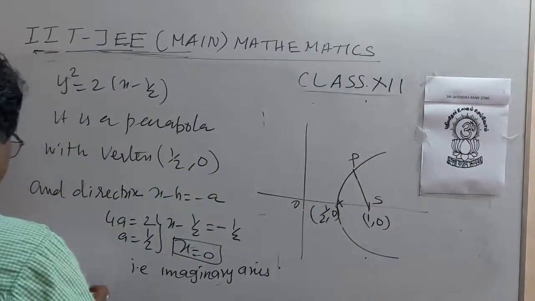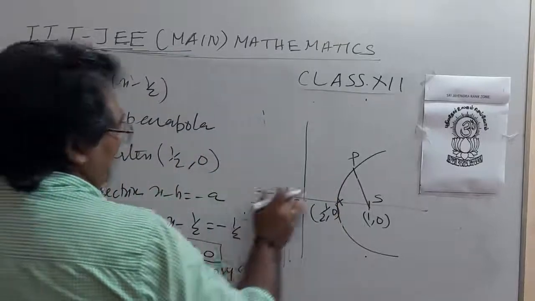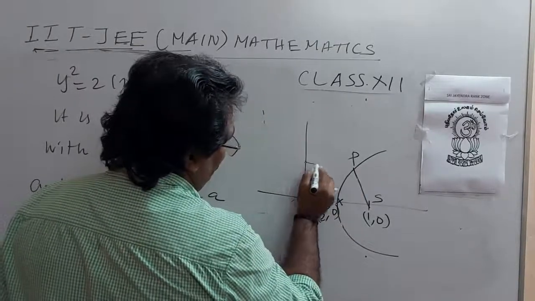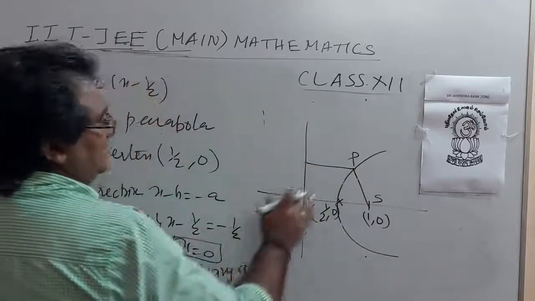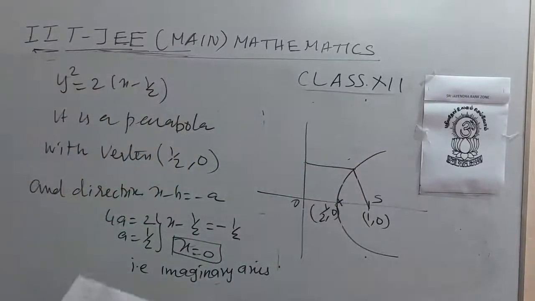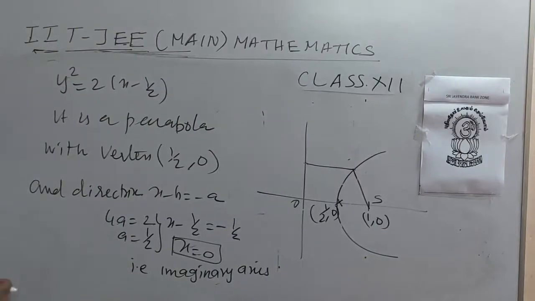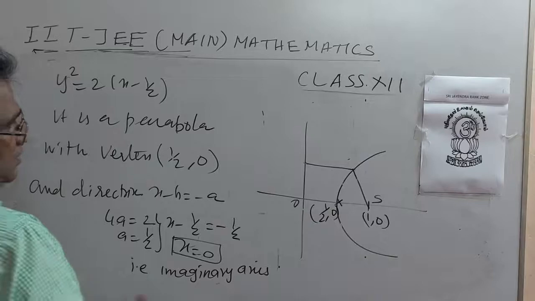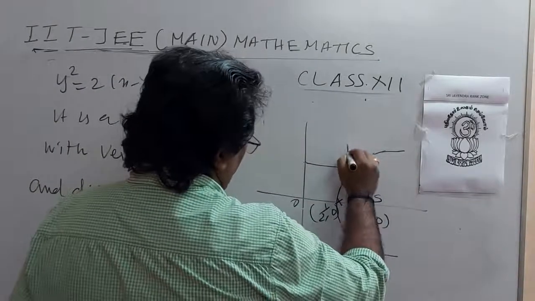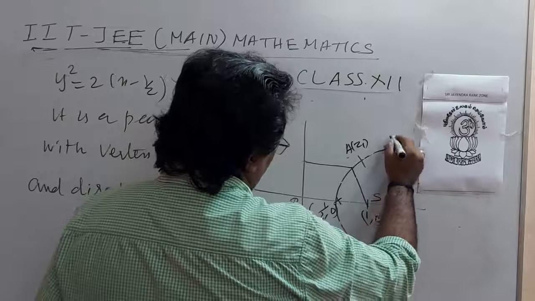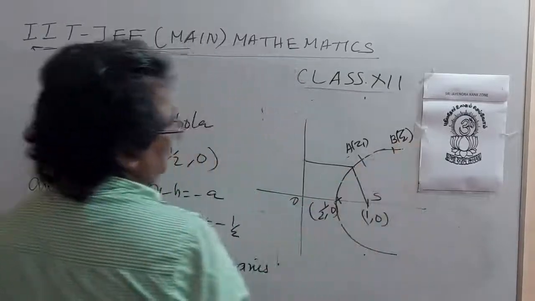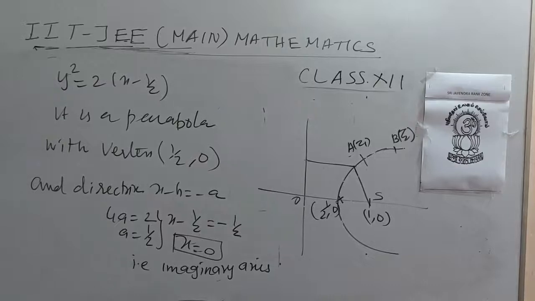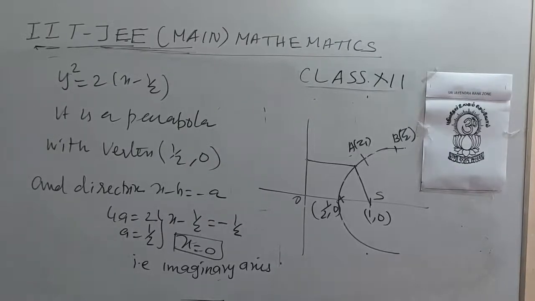Take any point P. So this is the directrix. A of z1, here B of z2. So z1, z2 lie on the parabola.